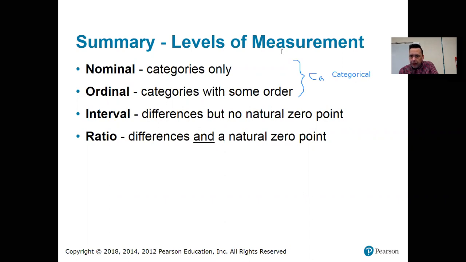And the two on the bottom are quantitative. There we go. That wasn't too bad. Okay.